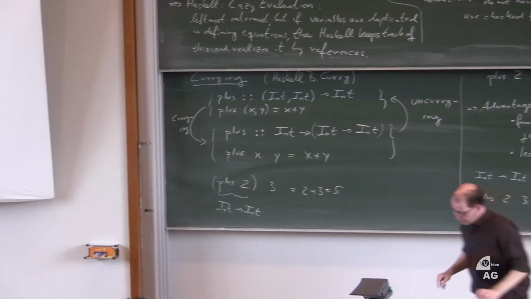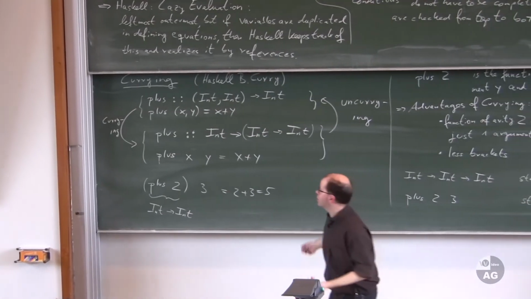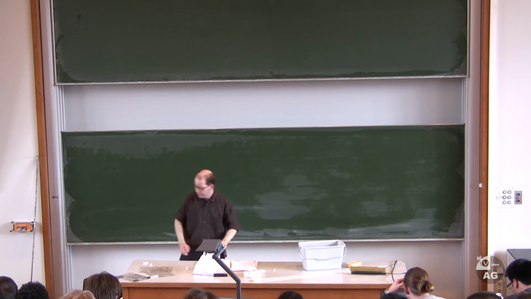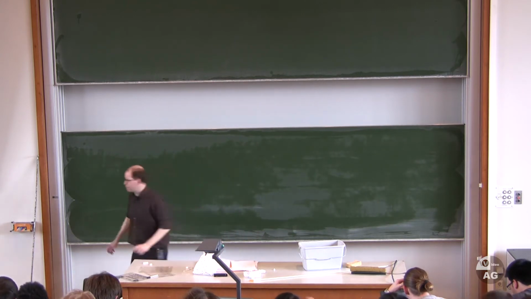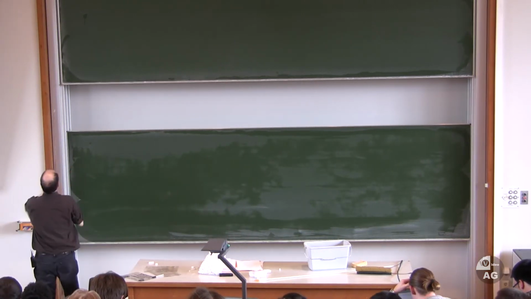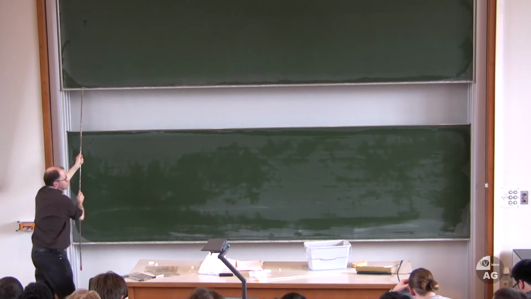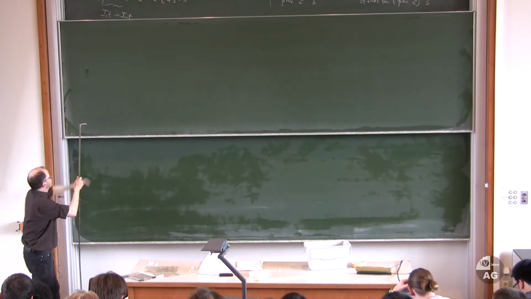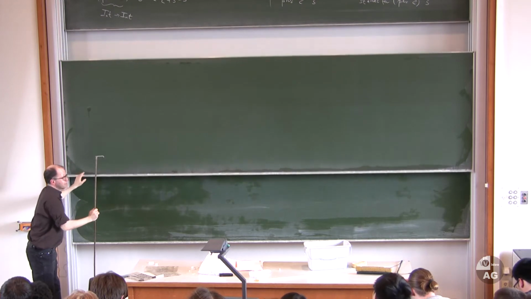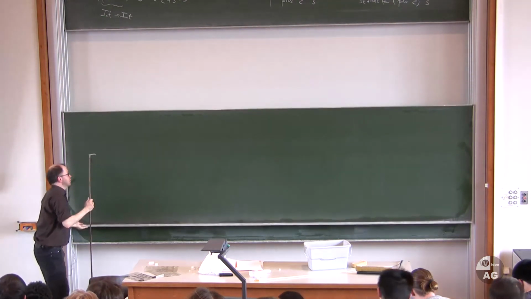OK, so before I show you the next extension, I have to wipe the board. OK, so now let's introduce the next concept. And the next concept is an extension where we have not just one function declaration, but several defining equations for the same function.